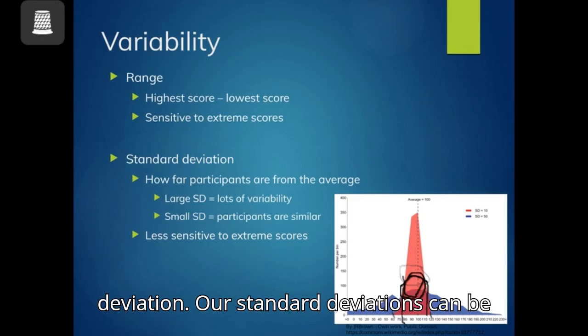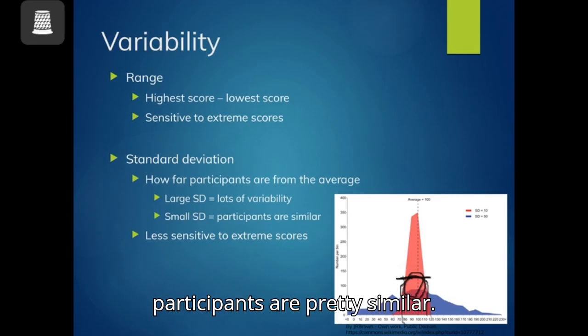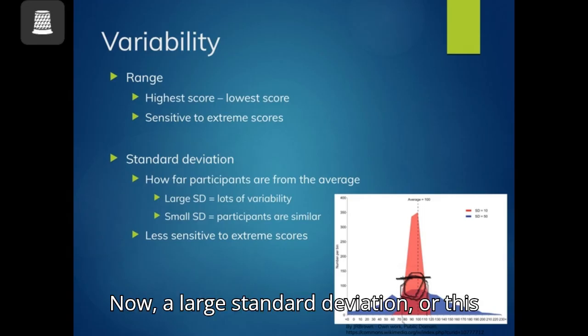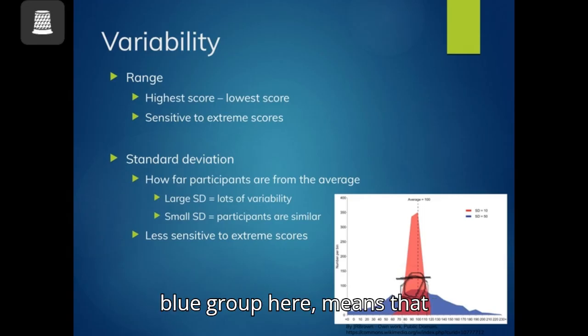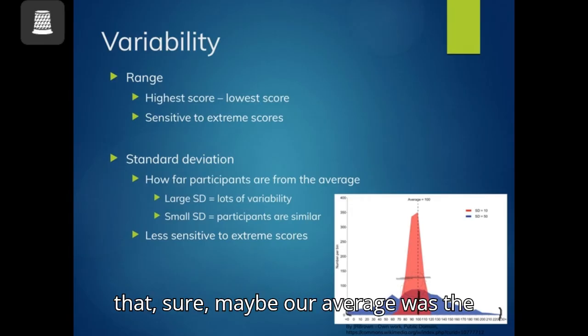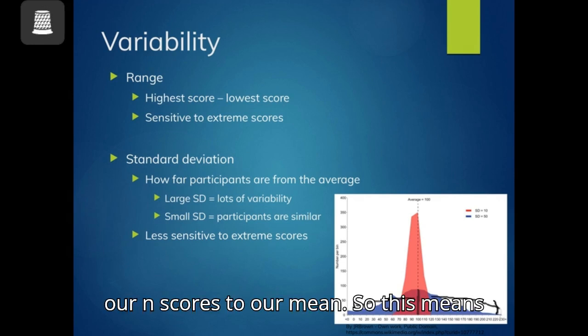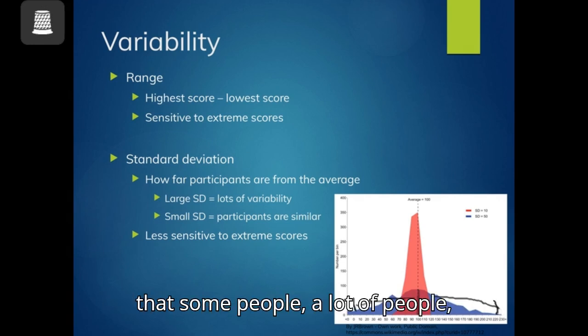Our standard deviations can be pretty small. That means that all of our participants are pretty similar. Now, a large standard deviation, or this blue group here, means that there's a lot of variability. Sure, maybe our average was the same, but the difference from our end scores to our mean was much greater.